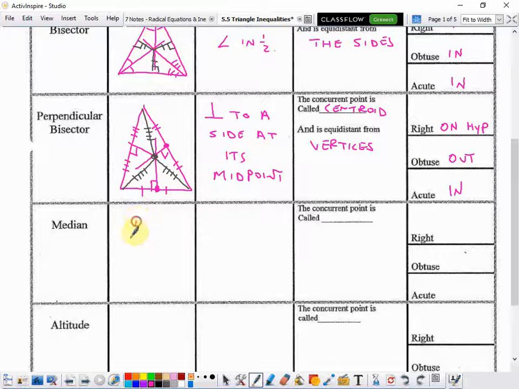A median connects a vertex to the midpoint of the opposite side.